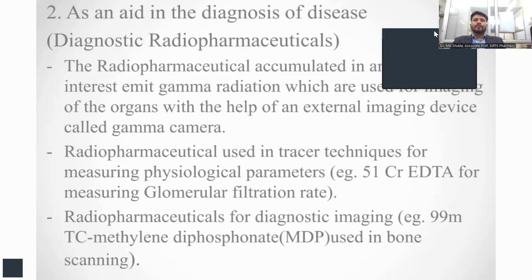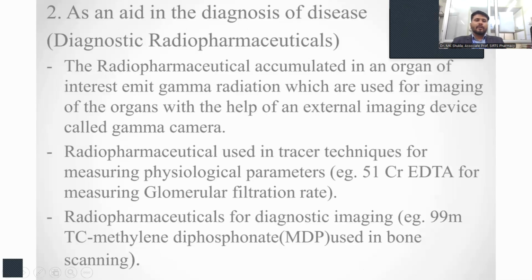As an aid in the diagnosis of diseases, we have diagnostic radiopharmaceuticals. The radiopharmaceuticals accumulated in an organ of interest emit gamma radiation, which is used for imaging of the organs with the help of an external imaging device called a gamma camera.